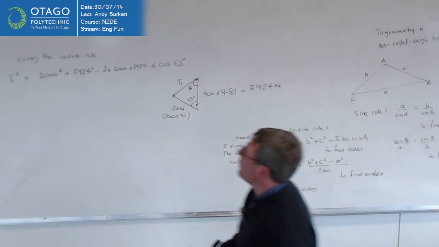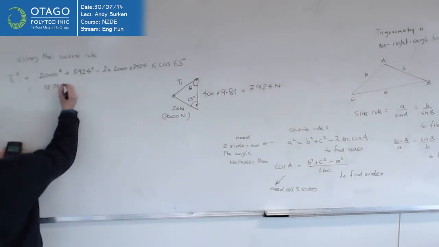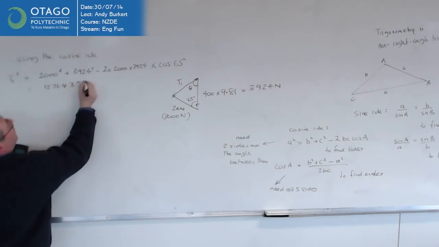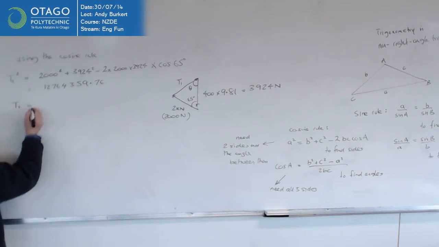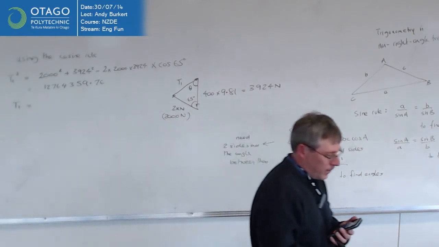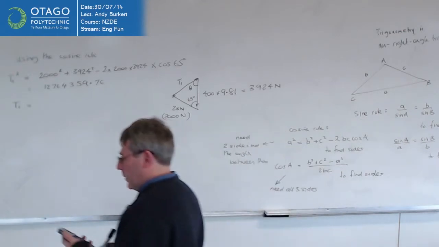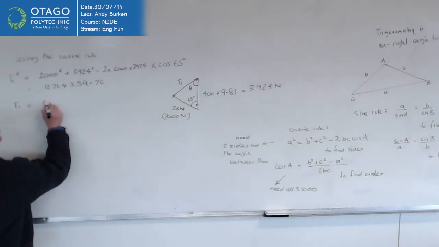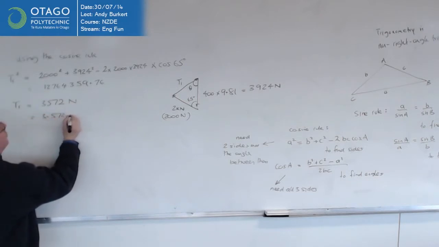And on my calculator, I get 12764,359.76. So T1 is going to equal the square root of that. So on your calculator, you just go square root of answer equals. So basically, we get 3572 newtons, which we can say is 3.572 kilonewtons.